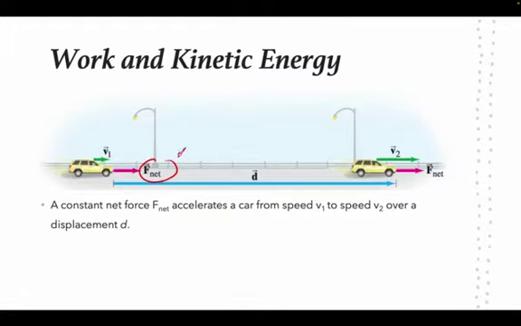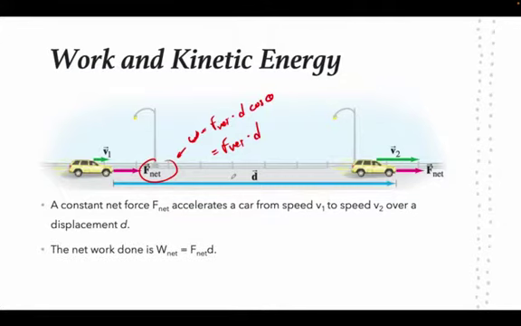So that means that this force is doing work. And the work is going to be equal to force times displacement times cosine theta. In this case, the angle is 0, which means that cosine 0 is equal to 1, which means that the net work done by the force by moving the car a displacement d is equal to F net times d.